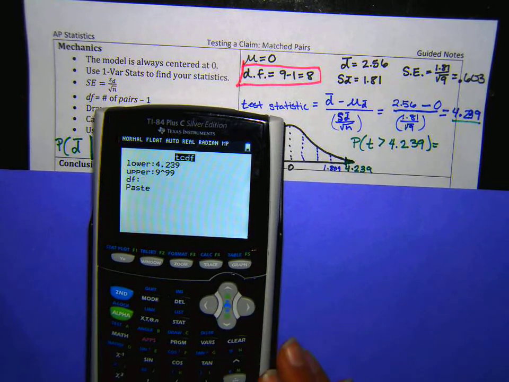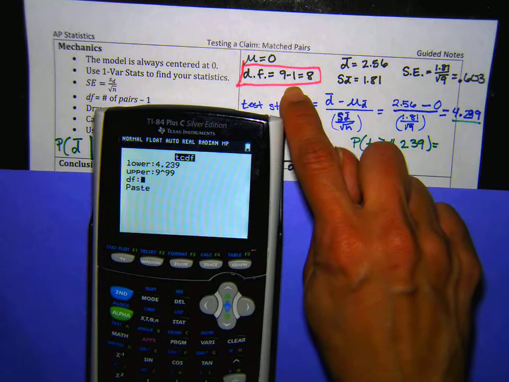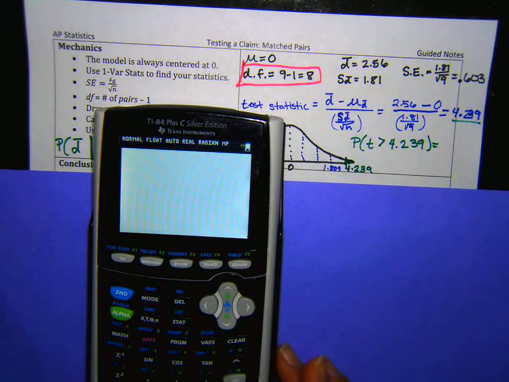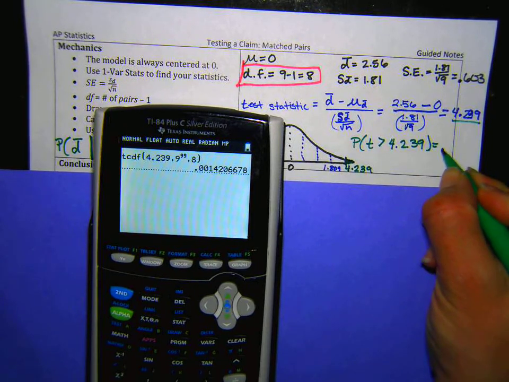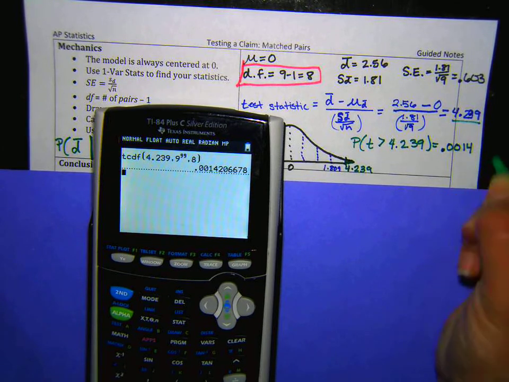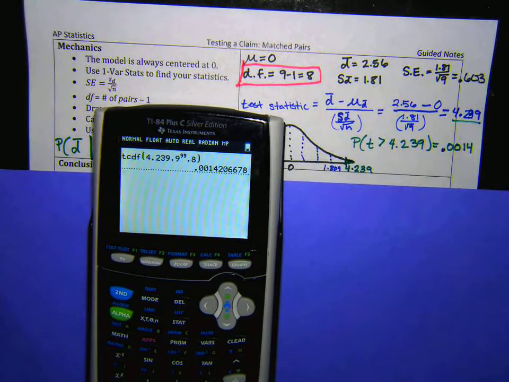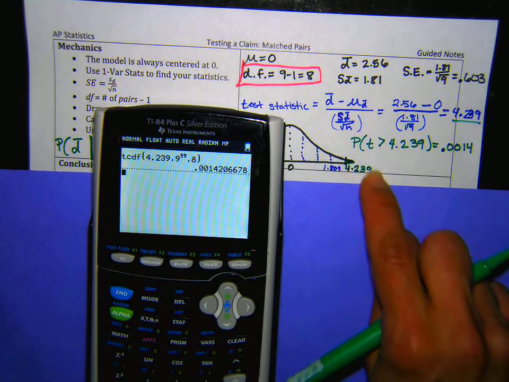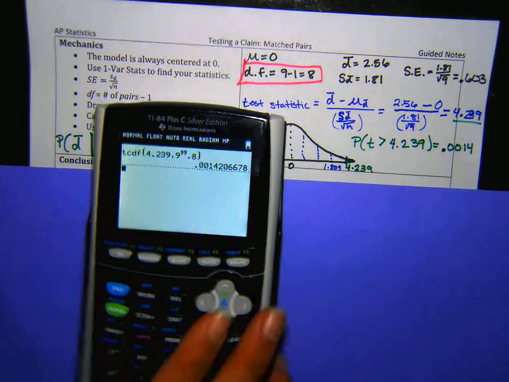My degrees of freedom is 9 minus 1, which is 8. And I get a very small p-value of 0.0014. So about 0.1% chance of obtaining a sample if the mean difference is actually 0.